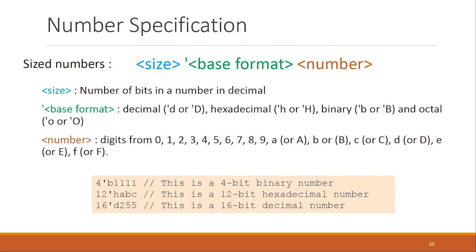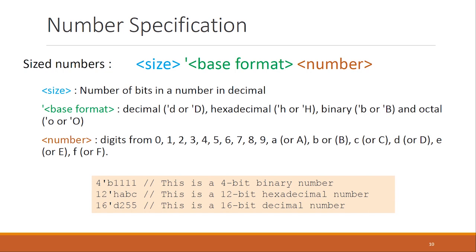So here it's binary, so we need to enter the number in binary. The real number here is 1111. You can calculate the decimal equivalent to this one. But anyway, we wanted to represent it as a 4-bit binary number, and we have represented it that way.